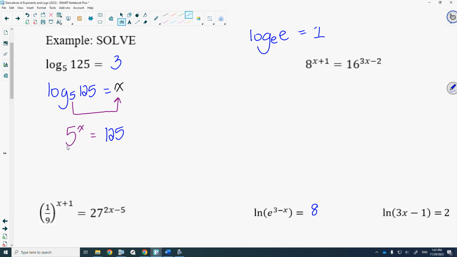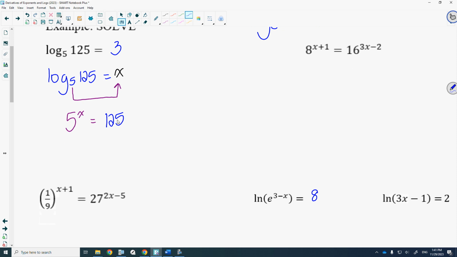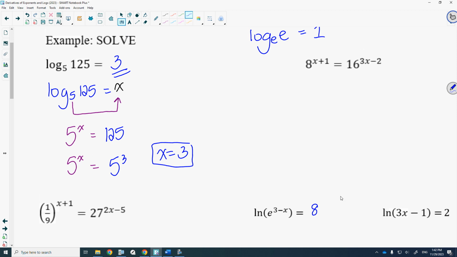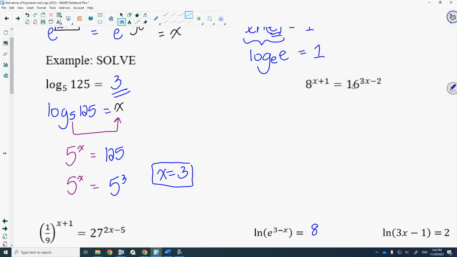I have a base of 5 here, so I want 125 rewritten as a base of 5. So 5 to the power of x is equal to 5 to what power would give you 125? Well, 5 to the power of 3. And then once you have the same base, remember we could drop the base and equate the exponents. X is equal to 3. So there are two ways that we could do this question, but no matter what, we get an evaluation of 3.